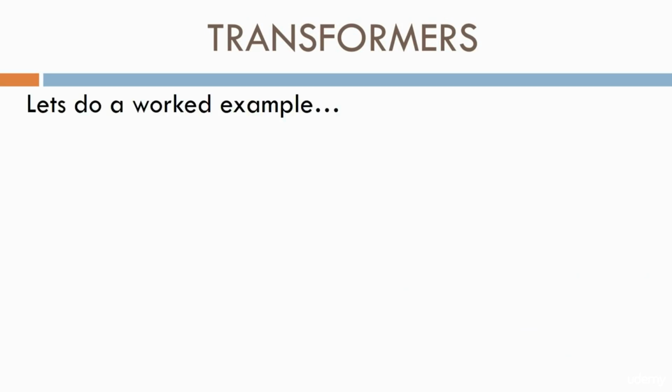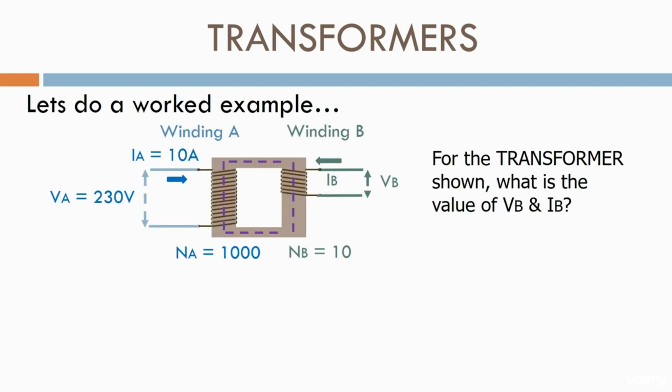Let's do a worked example. For the transformer shown, what is the value of VB and IB? From the previous slide, transformer turns ratio equals NA over NB. From above, this equals 1000, which is NA, divided by 10, which is NB.